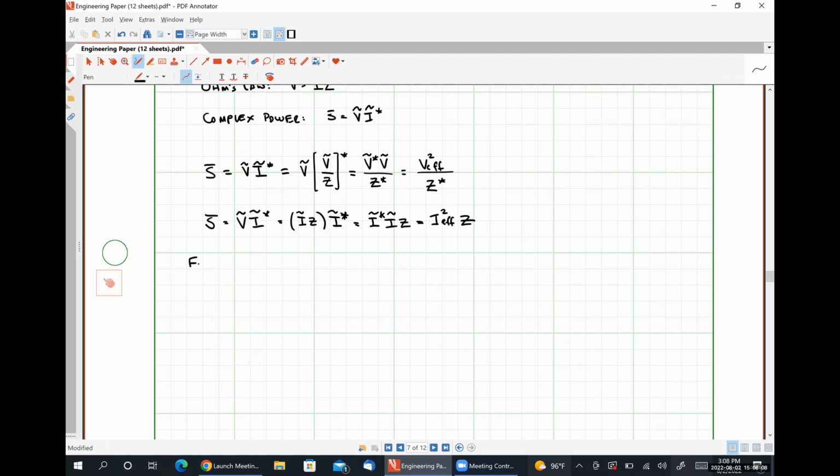So for a resistor, our complex power absorbed by our resistor is going to be simply the effective value of the voltage across the resistor squared divided by R, or the effective current flowing through the resistor squared multiplied by R. And from this, we can see that resistors absorb average power.